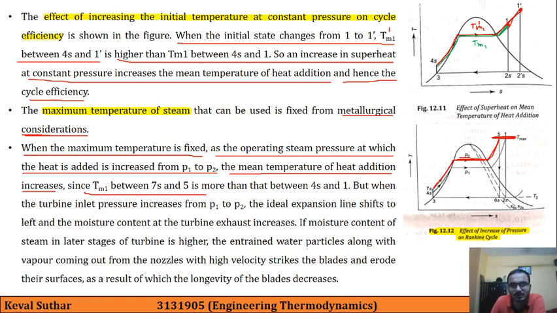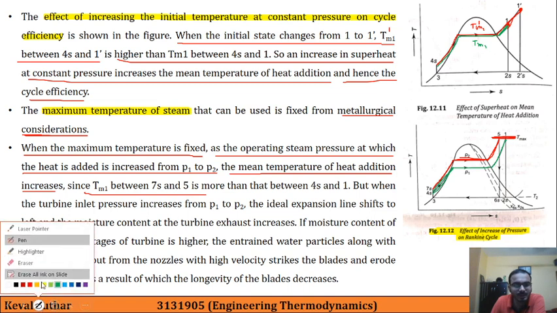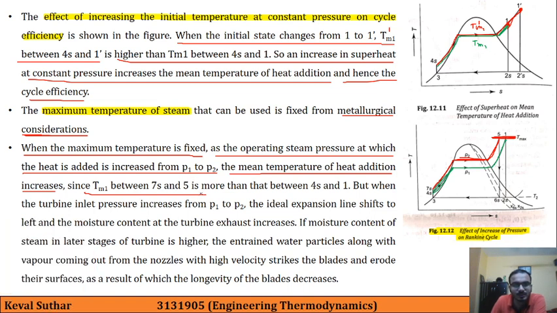And the next is 4s to 1. So you can clearly see that the mean temperature of heat addition is more in case of the later improved pressure, that is higher pressure. That is, Tm1 between 7s and 5 is more than 4s and 1.